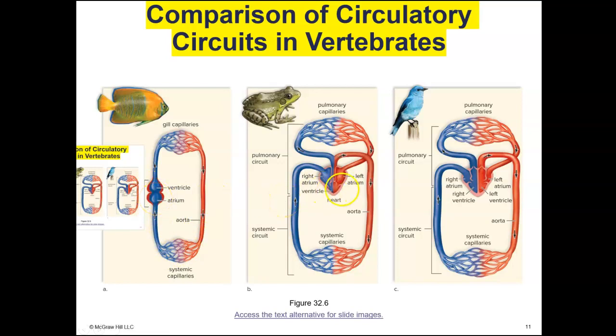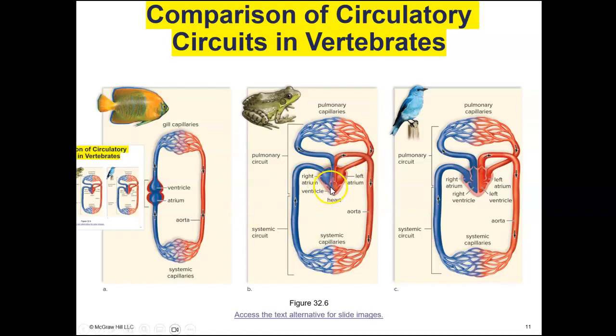Then with the amphibians, which have only three chambers, what happens is blood in the ventricle is mixed. It is a mixture of oxygen-rich blood that has come from the lungs and the skin and picked up oxygen, and it's also a mixture of oxygen-poor blood that has come back to the heart from the body systems where it has delivered oxygen.